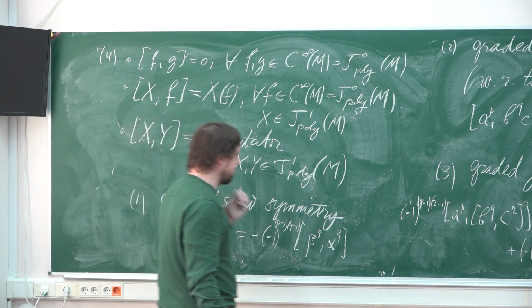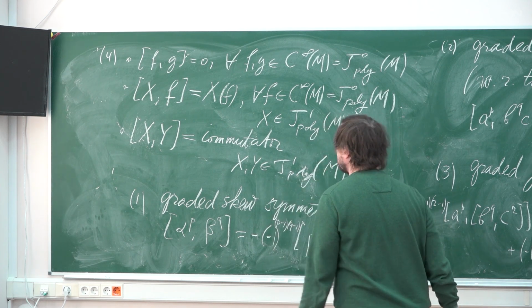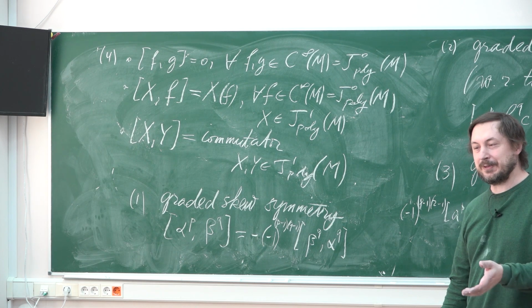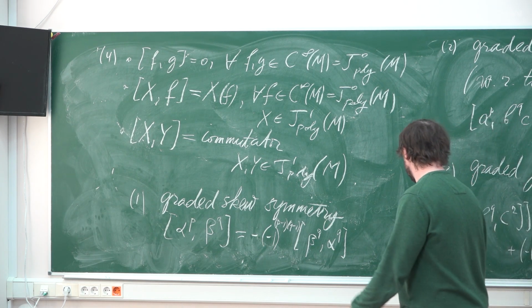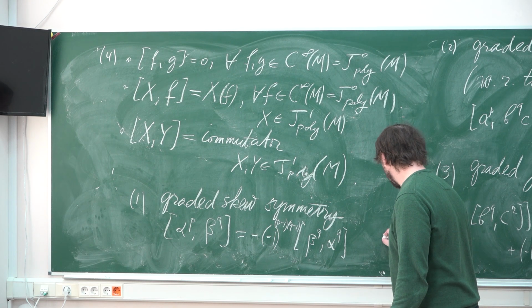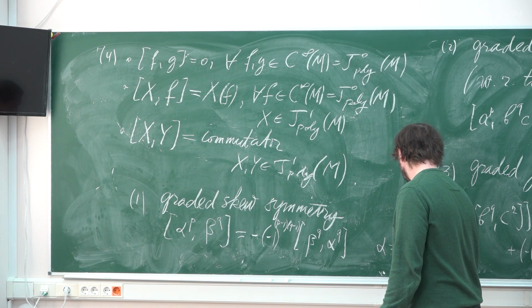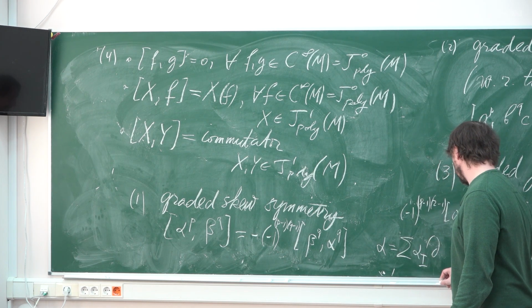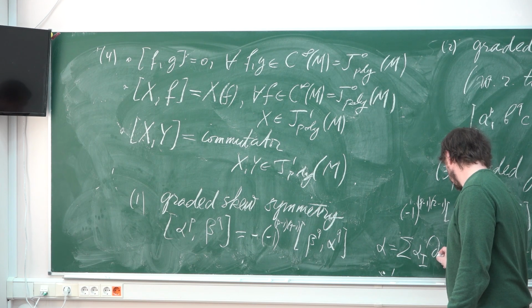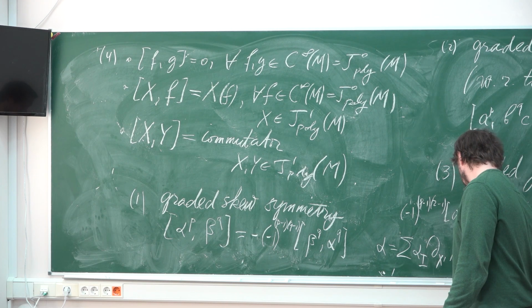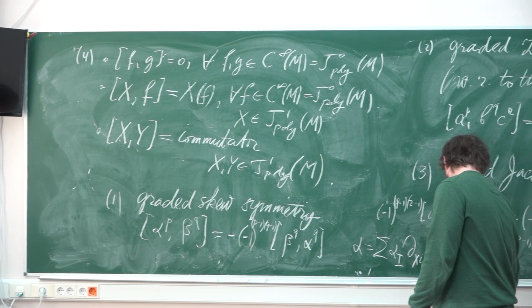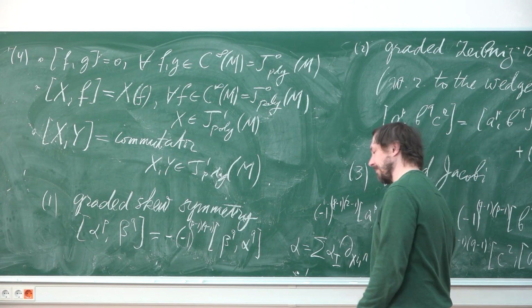So finally, a theorem. Now, the proof of this theorem is very straightforward, I admit it, in the sense that every polyvector field alpha can be written down, as I explained, in the form of the sum of alpha_I times dx_{i1} wedge ... wedge dx_{ip}.